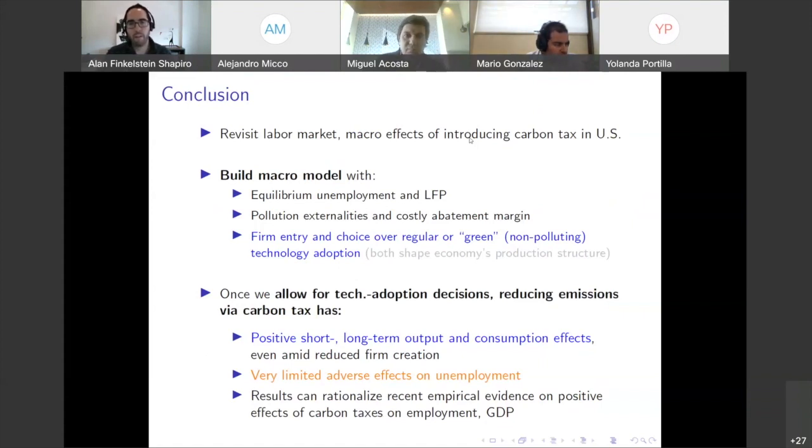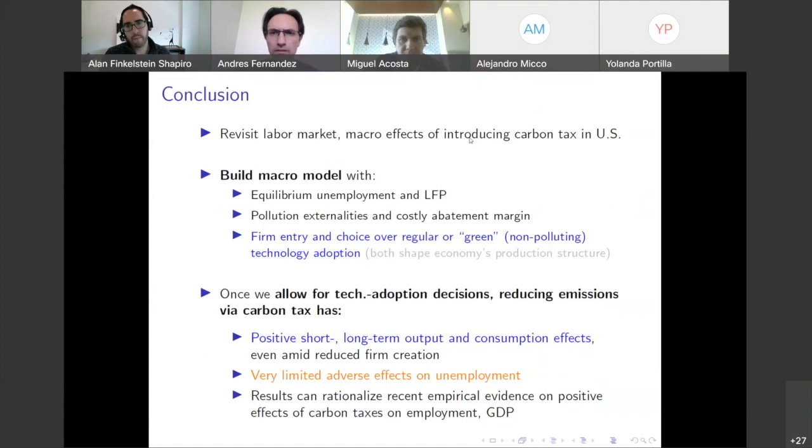Yeah. Thank you. Alan? Yep. Let's assume that we don't have this externality about emissions, the stock of emissions. What is the coordination problem that there is before the tax on carbon?